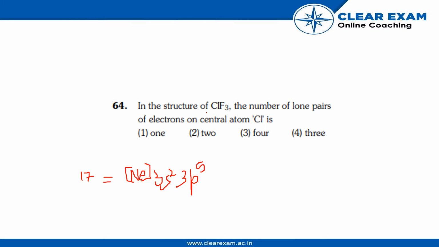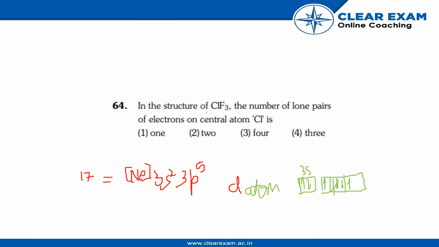So in this, the Cl atom makes the orbital 3s, and the p orbital has 5 electrons, and it will form like this.